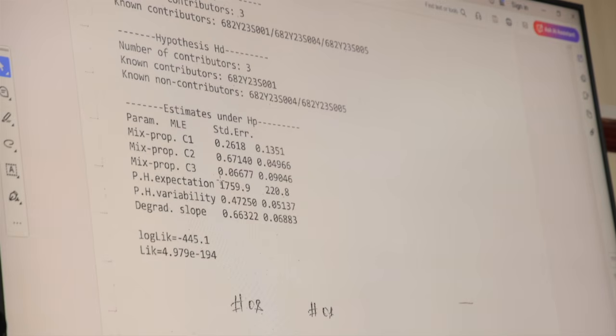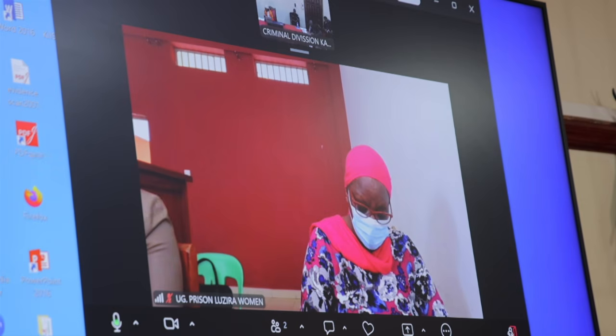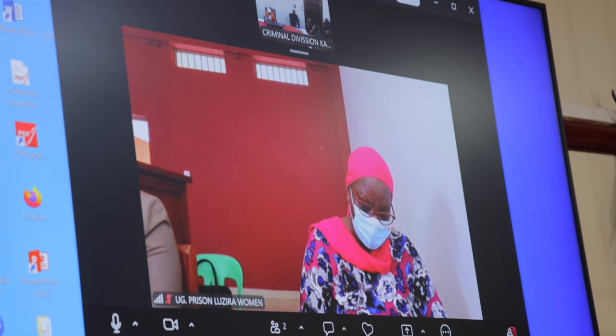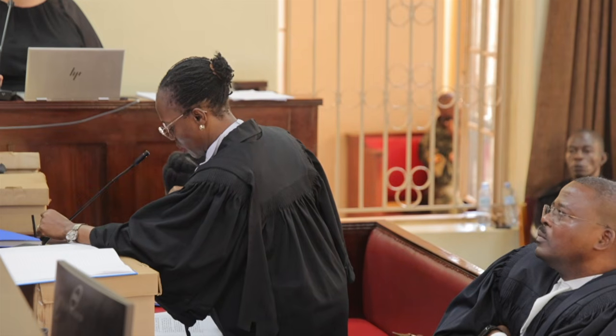And C3 is Patricia. Her contribution is approximately 6%. Correct. Without using any technical language, that indicates that the calculation was wrong.